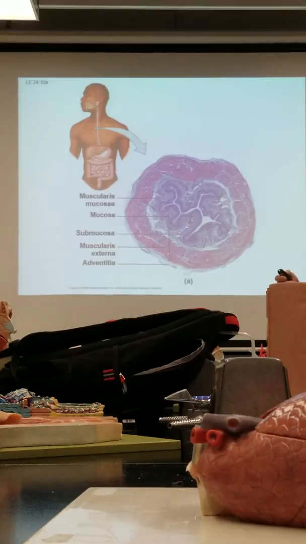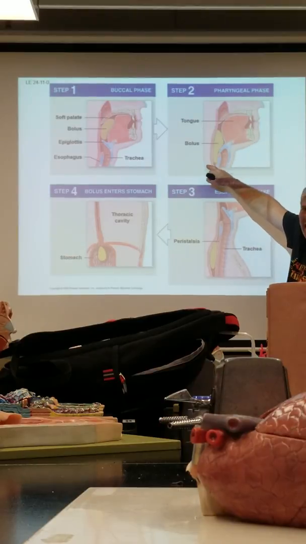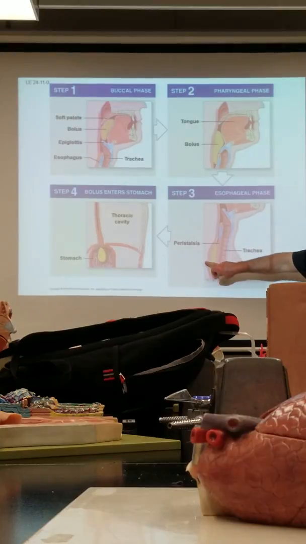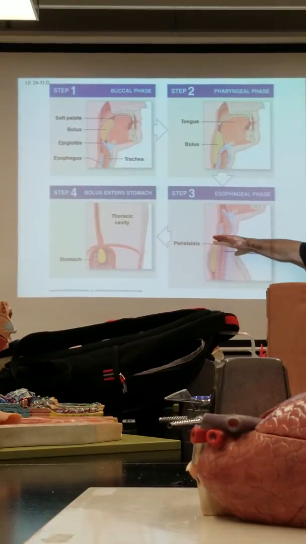The way it works is when we swallow food, after we chew it, we call it a bolus. When we swallow it, it comes down like a big ball of food. Here you can see the esophagus, and how it pouches out.